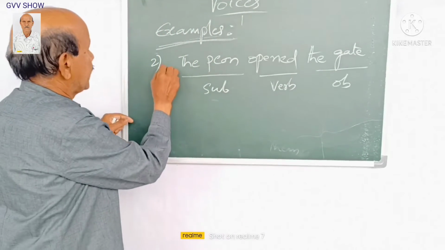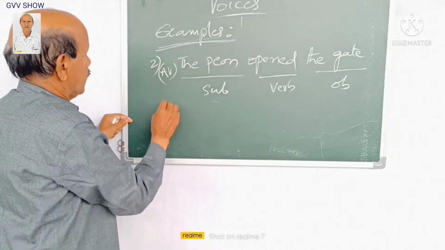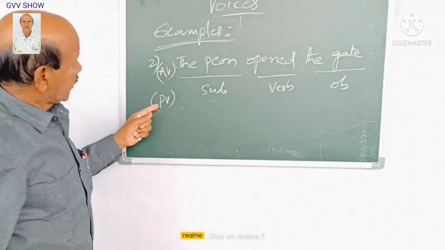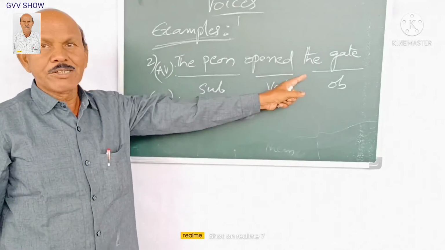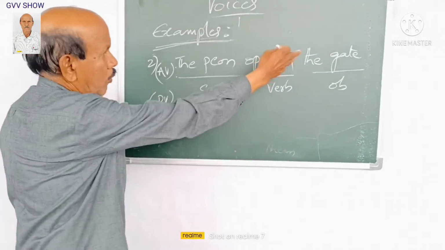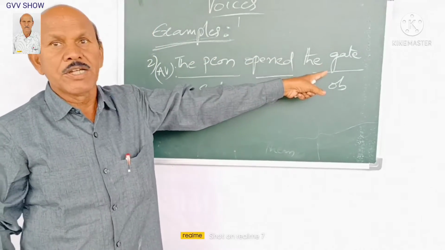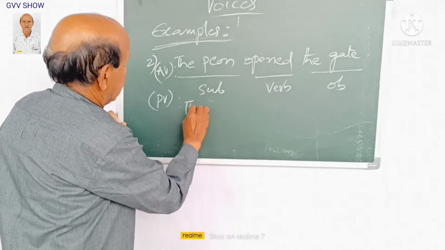So it is an active voice. When we write passive voice, the object will come in front. Which is the object? The gate.